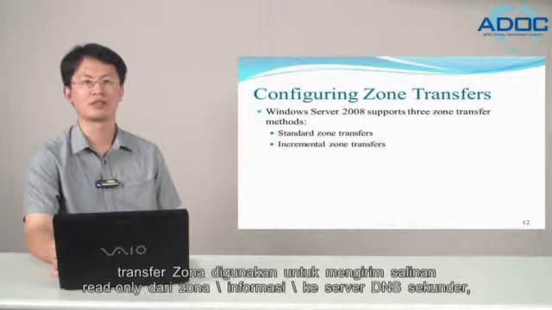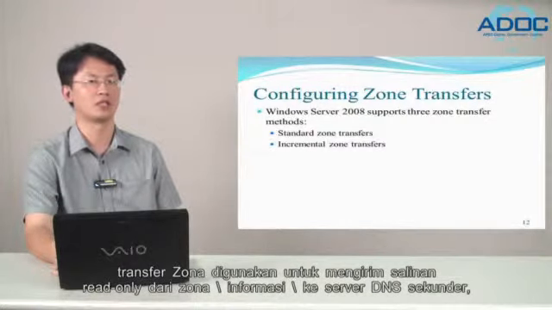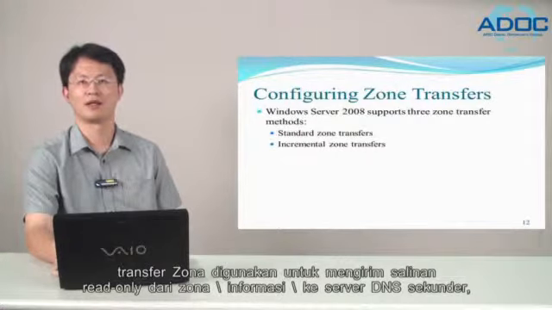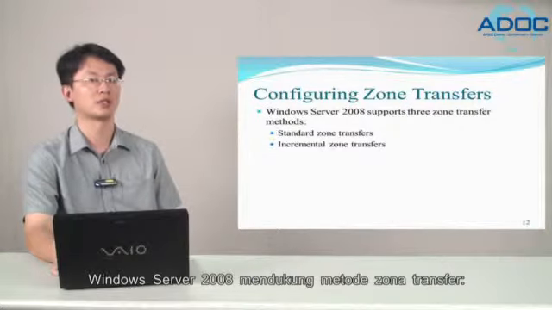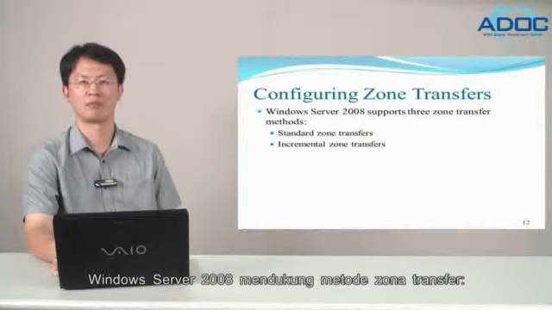And zone transfers are used to send read-only copies of zone information to secondary DNS servers, which can be located in the same domains or in other domains. Windows Server 2008 supports these zone transfer methods.